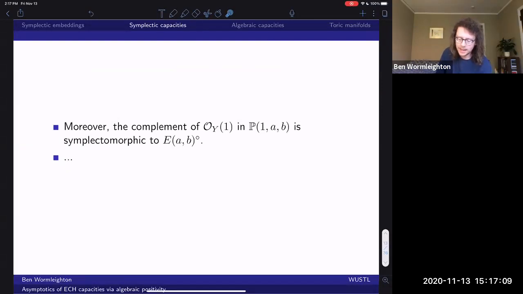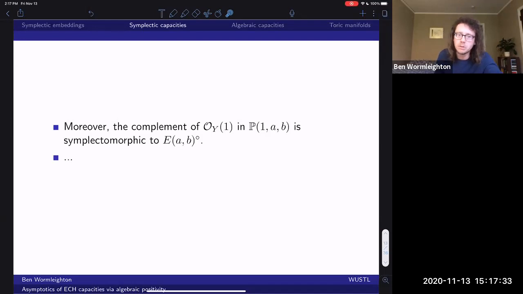Moreover, if you take a generator of the class group, it's not quite the same as the Picard group, but if you like, it's an effective divisor that generates Pic tensor Q. The complement of O_Y(1) in P(1,A,B) is symplectomorphic to the open ellipsoid.